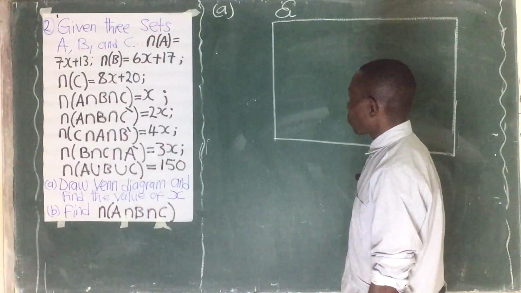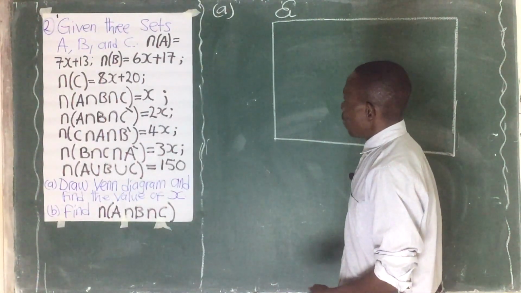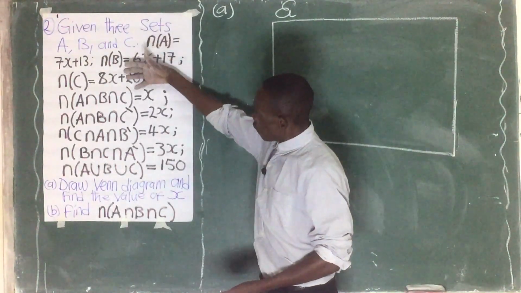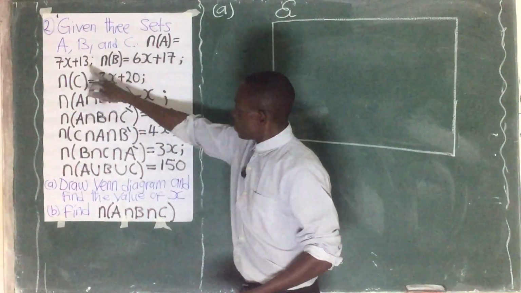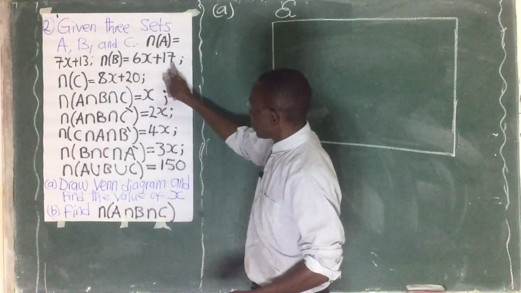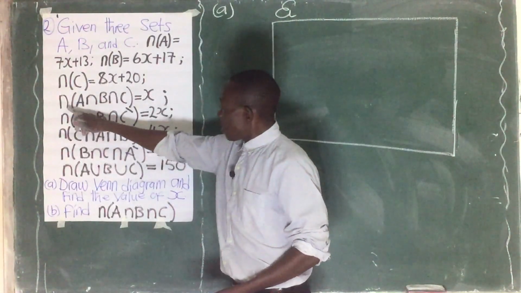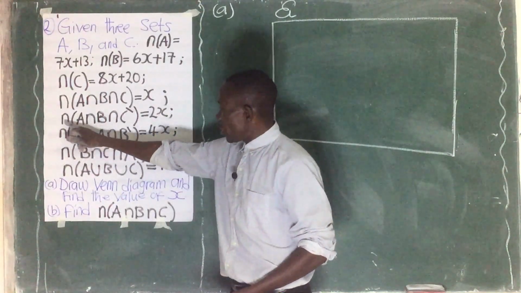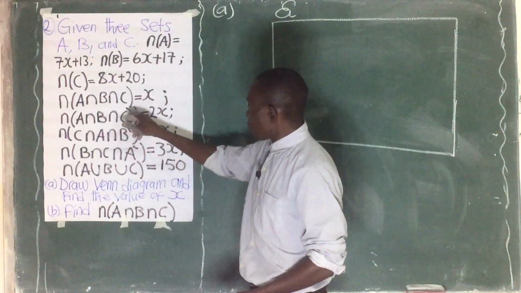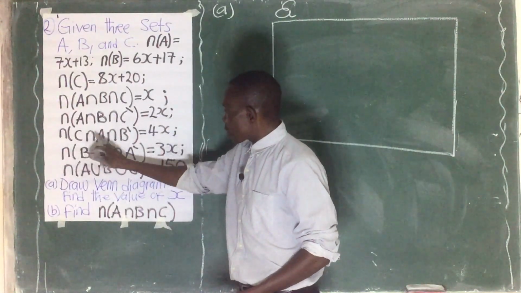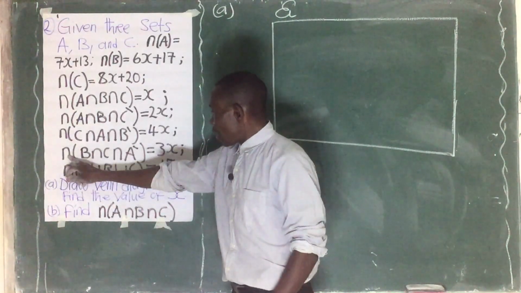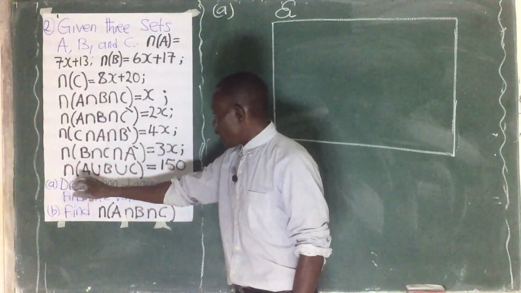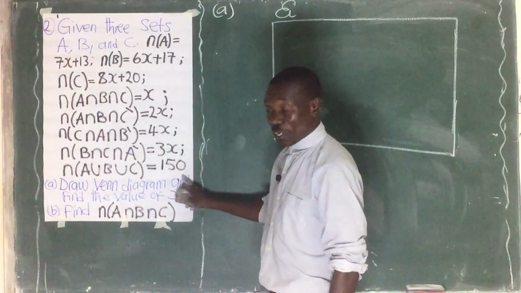Now, we have got 3 sets, A, B, and C. By the information we have down here, n(A) is 7x plus 13, n(B) is 6x plus 17, n(C) is 8x plus 20, while n of A intersection B intersection C is x, n of A intersection B intersection C complement is 2x, n of C intersection A intersection B complement is 4x, n of B intersection C intersection A complement is 3x, and the A union B union C is 150.